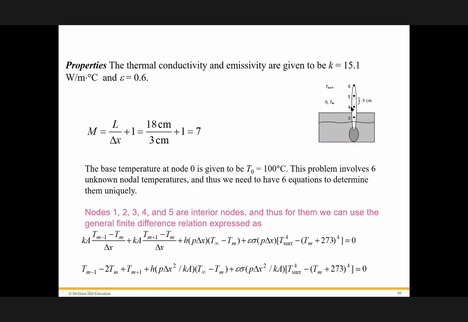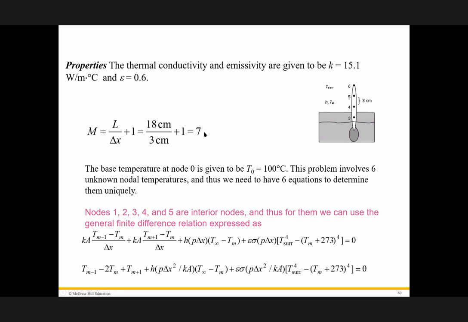Therefore, this is the spoon that you have. This part is in the water, with the temperature mentioned. And here is going out. We have conduction through here. And we are told to discretize every 3 centimeters. Therefore, we have the length, and we can find out how many nodes we have.